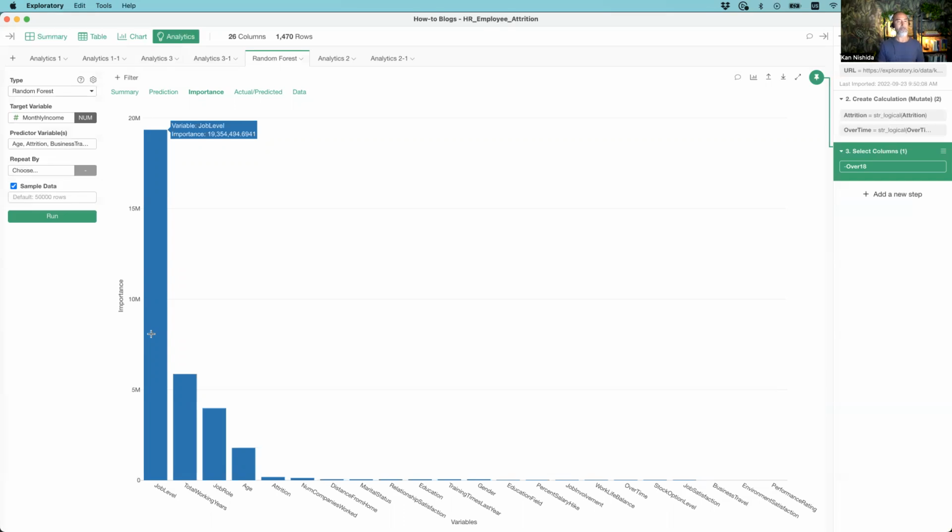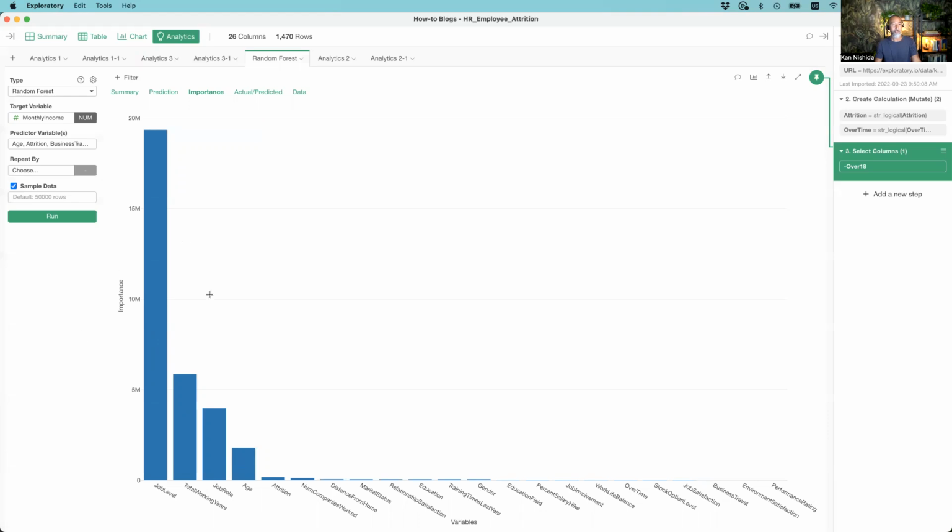Either way, job level is very important, right? It's almost nicely correlated to monthly income. But when you look here, age is the fourth most important. And somehow it's not almost nothing like attrition, but it's actually there's some degree of importance.